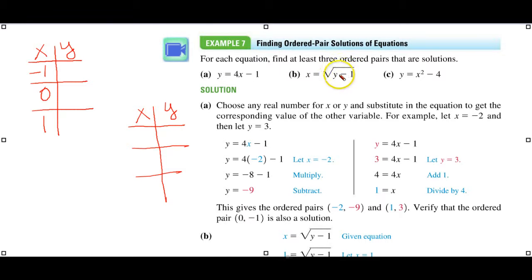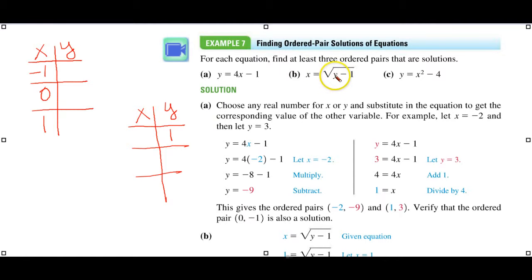So your first one might be a positive one. That would be the smallest value, because if y is 1, well, let's see, they switched letters here. They have y under the radical sign. So y, the smallest value, could be 1. Now, what would be the next one?